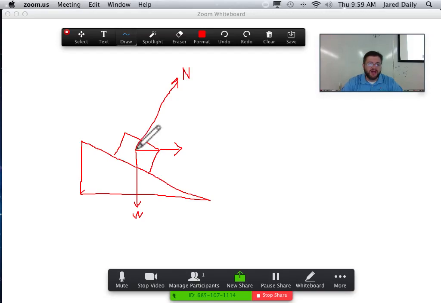In other words, the vertical component of this normal force is still being canceled out by some other thing, right? Let's see here. Is that the way I want to do this?